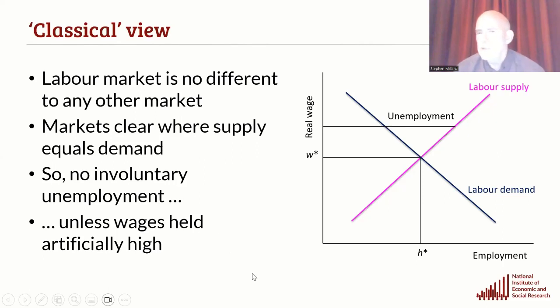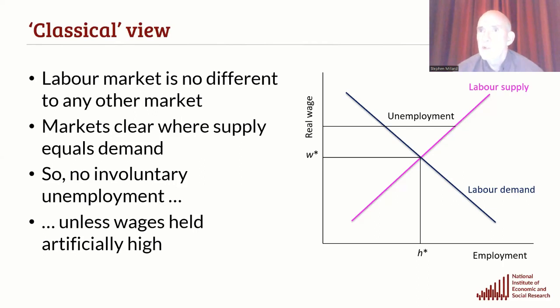I should say at this point as well that I'm being very fast and loose in talking about labor supply and unemployment. I've labeled this axis employment, but we could think of this as being total hours. It's a combination of, do you want to work at all? And then if you want to work, how many hours do you want to work? Thinking about this as total hours, this is the difference between the total number of hours that people will be willing to supply versus the total number of hours that are demanded.